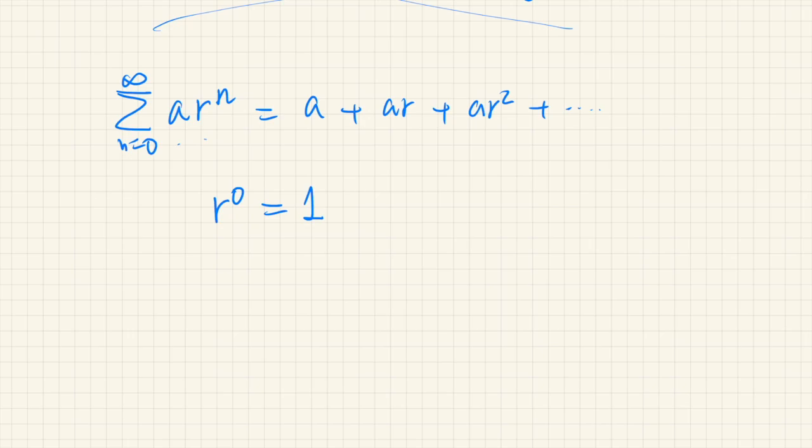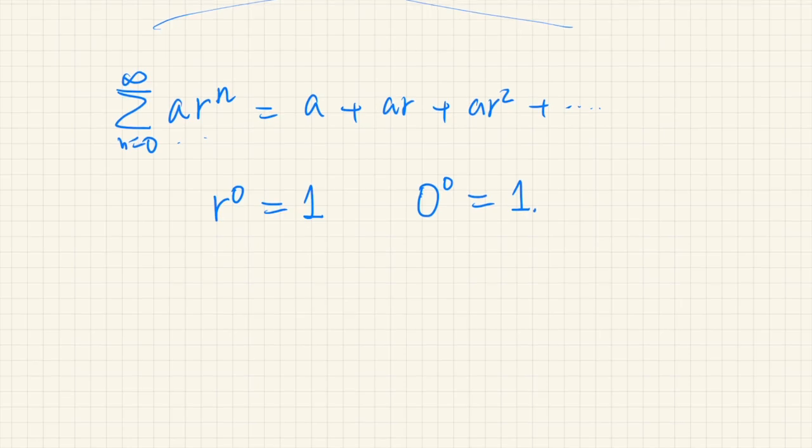This is understandable if r is non-zero, but we also assume that 0 to the power of 0 is also 1. So this is called a geometric series, and this is a sum of a geometric progression.